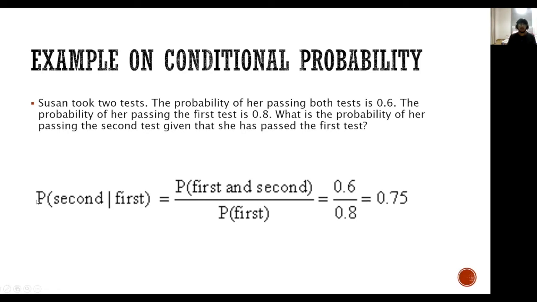So we have to find the probability of her passing the second test, considering that the first test has already been passed. As we saw, the probability of A and B is 0.6 upon the probability of the first test being passed, that's already occurred. So that's 0.6 upon 0.8. What we get is 0.75 or 3 upon 4.